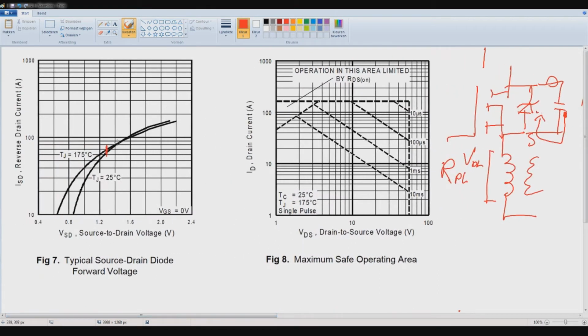So let's take a look at the graph again at different temperatures with the VGS of 0 volts, therefore it's not on. And we are basically using the MOSFET as a diode alone. So we're starting here from about 0.85 to 0.9 volts, and here even less.